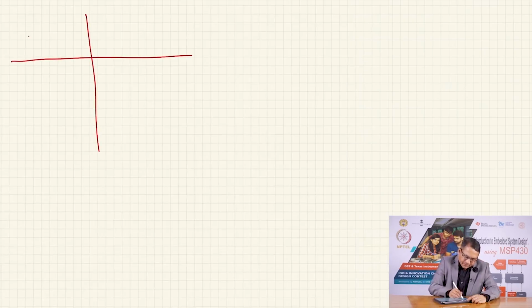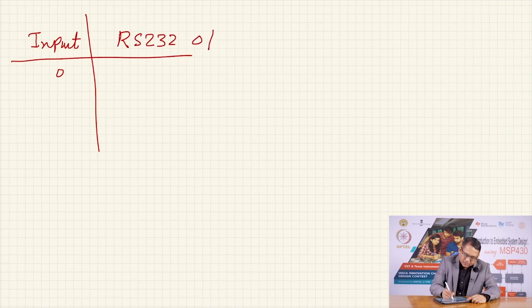If the input is 0, then the output RS-232 is plus V, some voltage V. If the input is 1, then it is minus V.